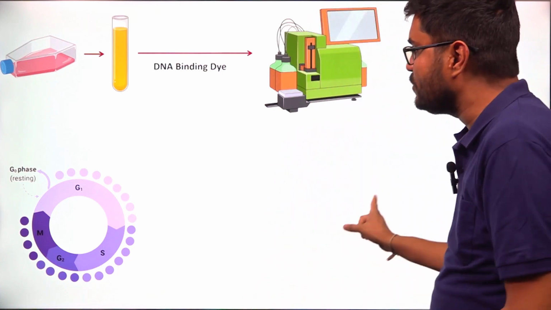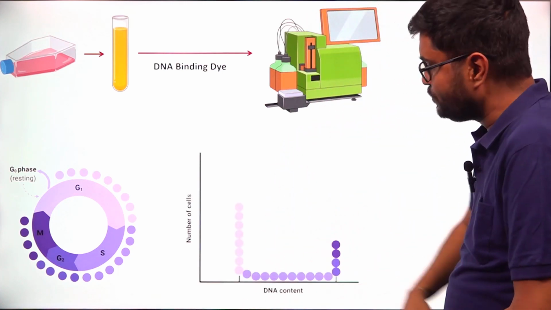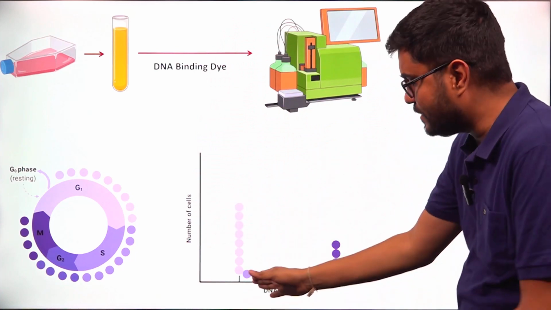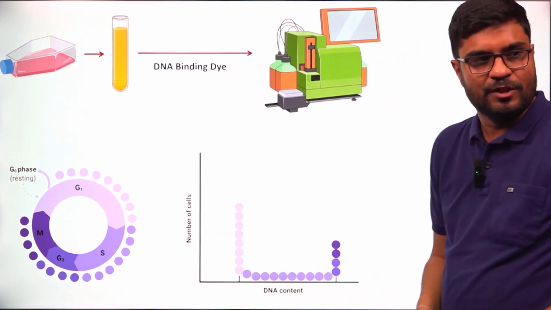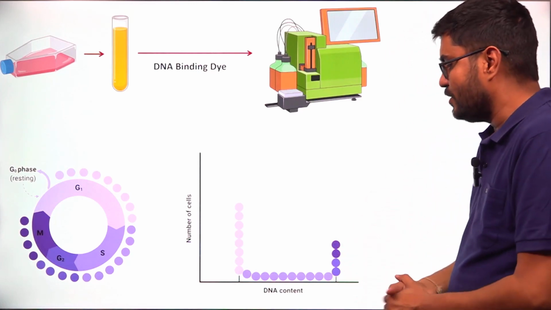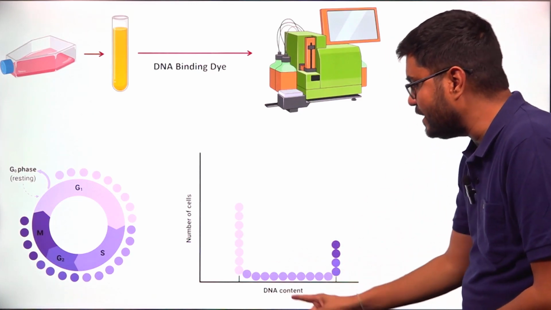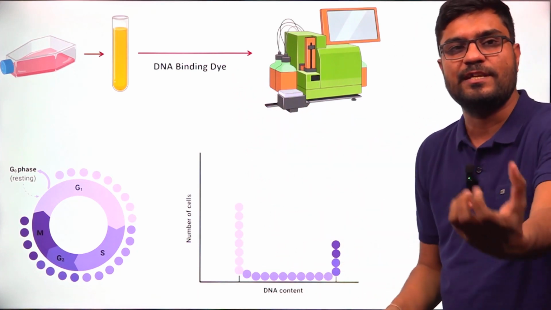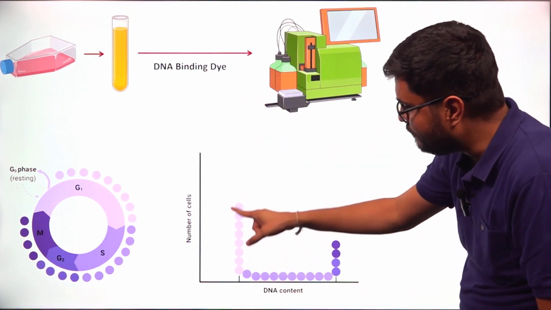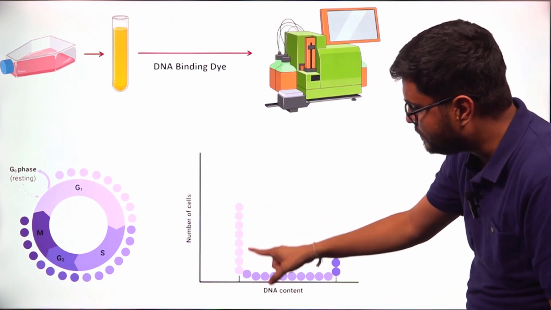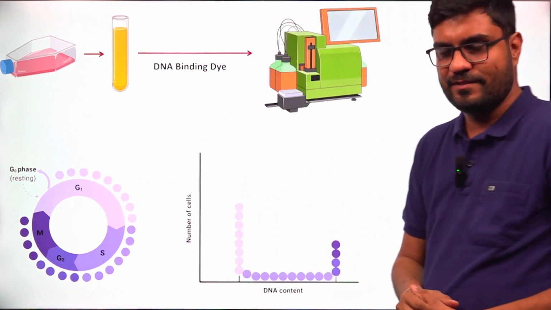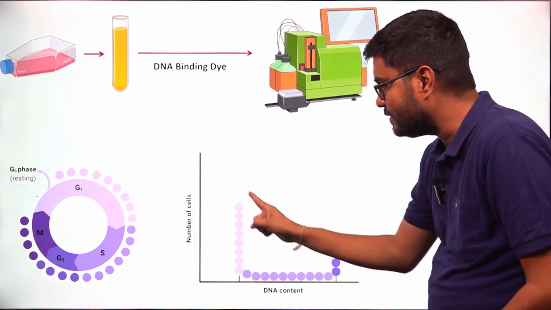So the graph which we get is like this. On the y-axis we have the number of cells, and on the x-axis we have DNA content. When I move right, the amount of DNA is increasing. Of course this DNA content is measured by the fluorescence given by the DNA binding dye. So these cells which give us the least fluorescence, they are present in G1 phase, X amount of DNA.